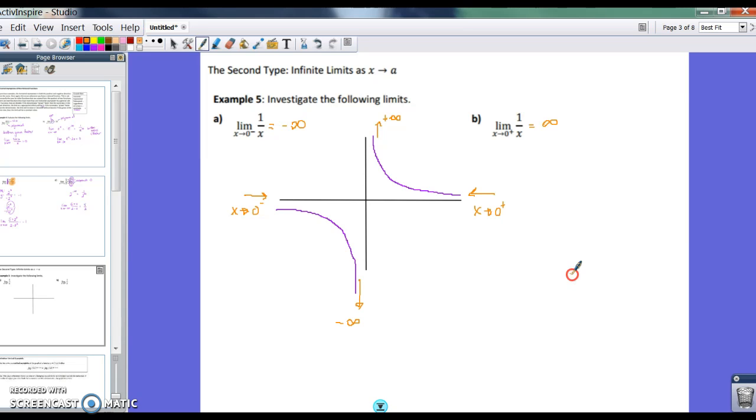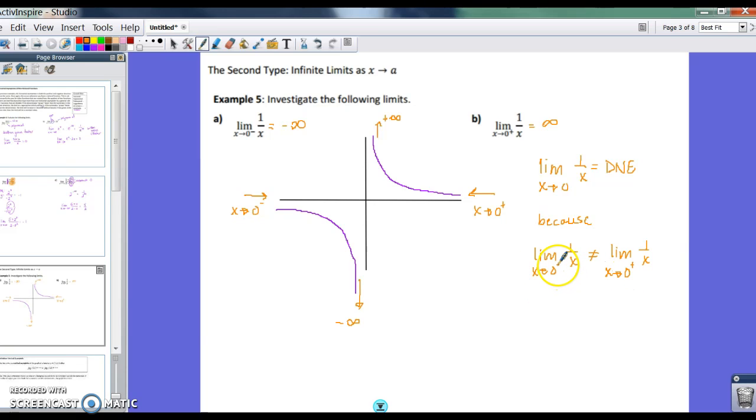And so what we would say overall is that the limit as x approaches 0 of 1 over x does not exist because the limit as x approaches 0 from the left of 1 over x does not equal the limit as x approaches 0 from the right of 1 over x.